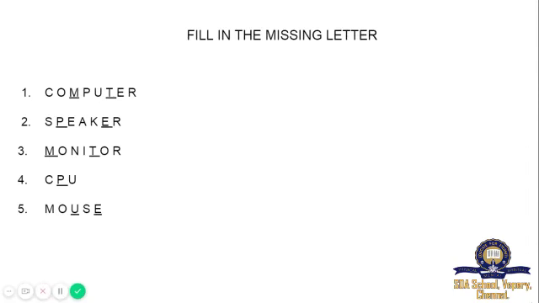I have given missing letters and dictation spelling words, both are the same in this lesson, so I made a single slide. You should learn these 5 words both ways, as a spelling and as a missing letter. Learn the complete word itself.